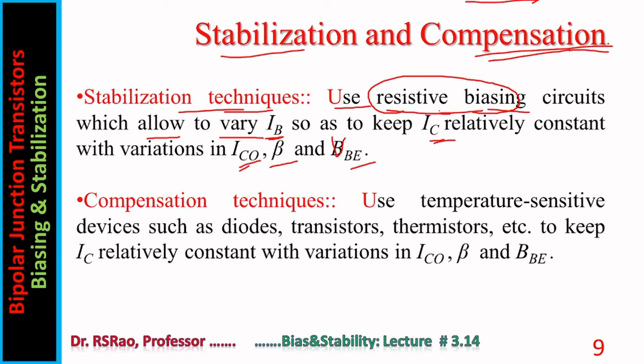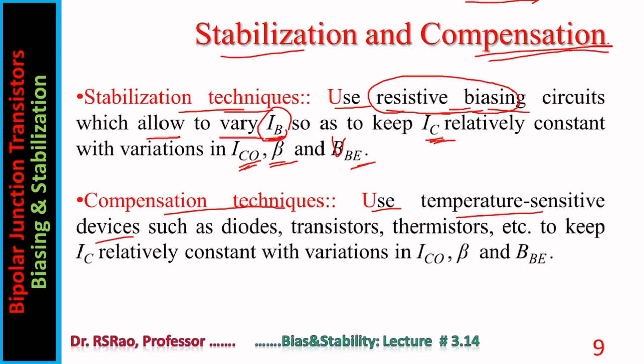So these resistive biasing circuits, they allow IB to vary so that IC is relatively constant even when it is forced to change by variations in ICO, beta and VBE. And what are compensation techniques? They use temperature sensitive devices.